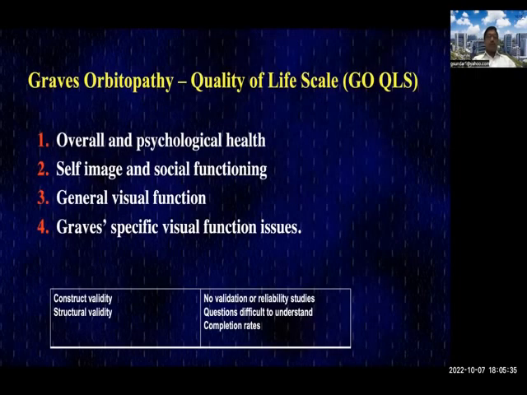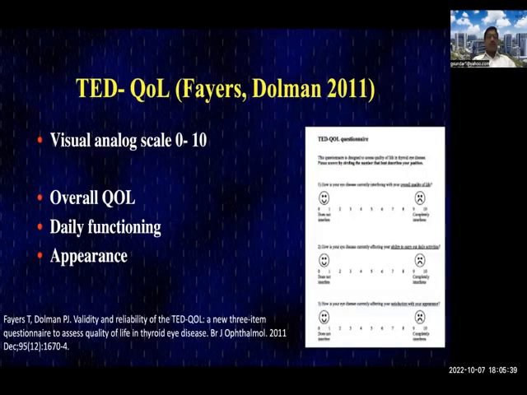There was a quality of life study which is not used as much as was initially published, but one of the most popular ones, and is universally utilized nowadays, is the TED quality of life questionnaire by Fayers and Dolman from 2011, where it basically addresses 3 issues: overall quality of life, daily functioning, and appearance on a visual analog scale, which is very easy to use.